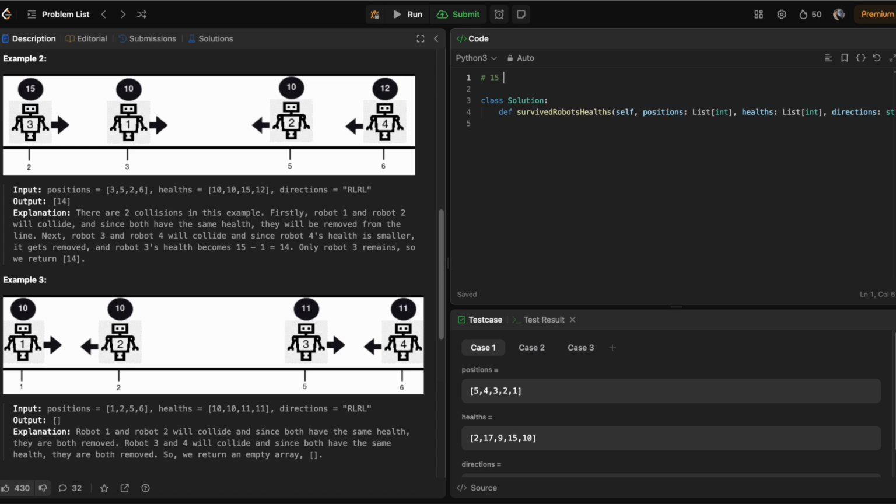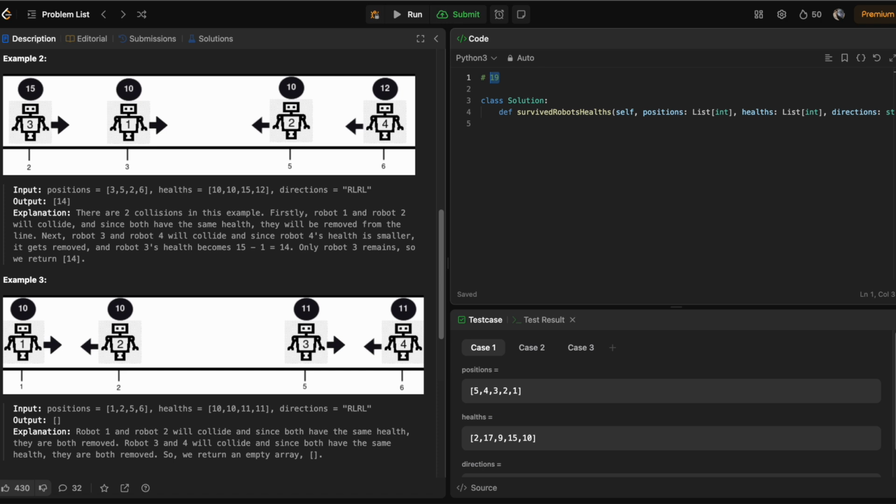And let's say instead of 12, the robot going left was a 20. We would remove 15 from the stack, because 15 is less than 20, and decrement 20 to 19. And then since 19 is a left-going robot and there are no robots left on the stack, we know that this robot definitely survives.